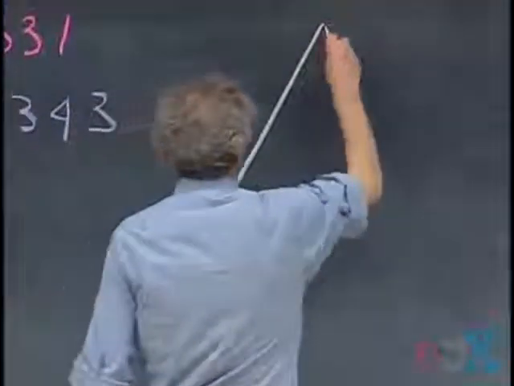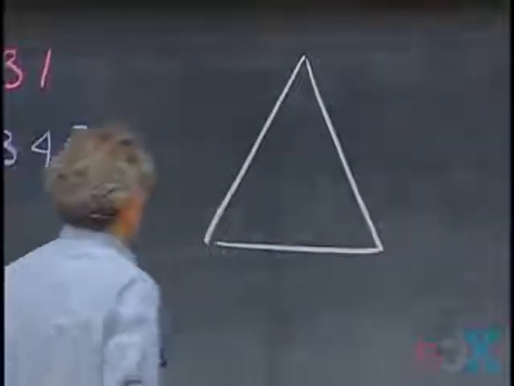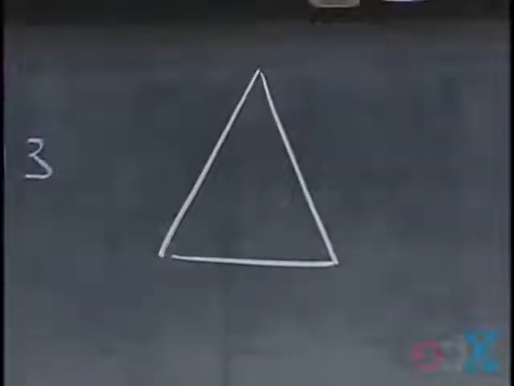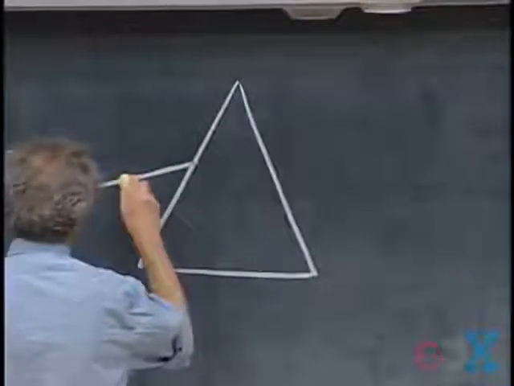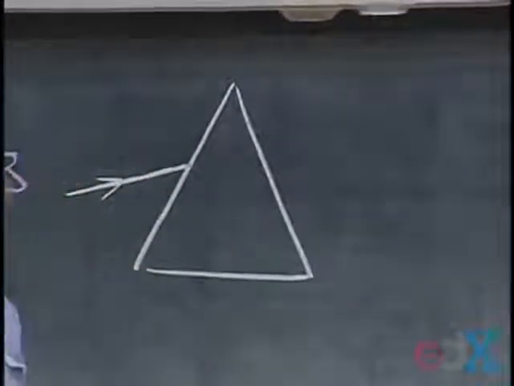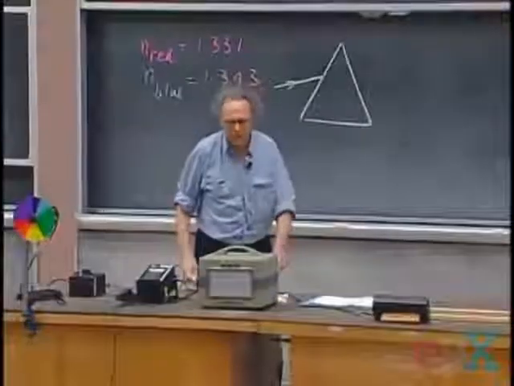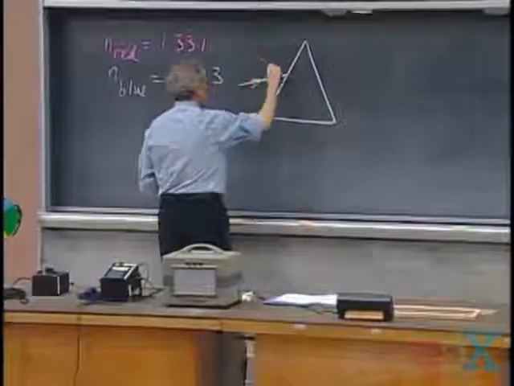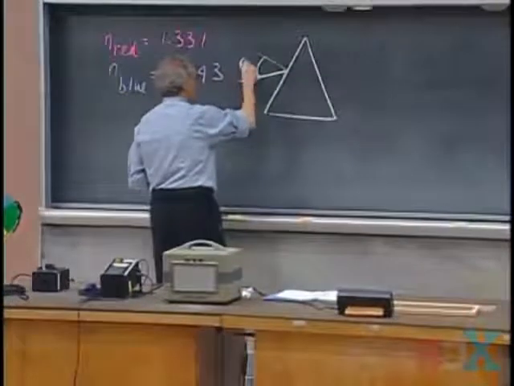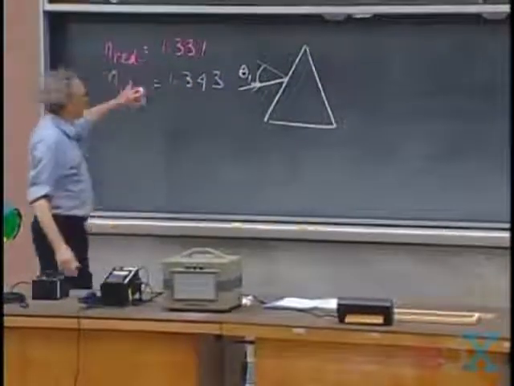If I take a piece of glass and give it the shape of a prism, and I shine some light on here, light from these light bulbs, or light from the sun for that matter, then I can apply Snell's law here. I know the angle of incidence, θ1. I know the index of refraction.